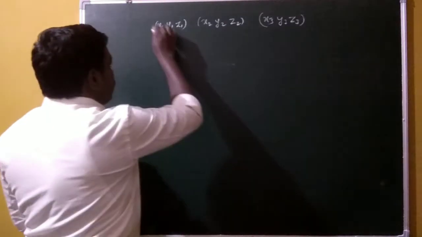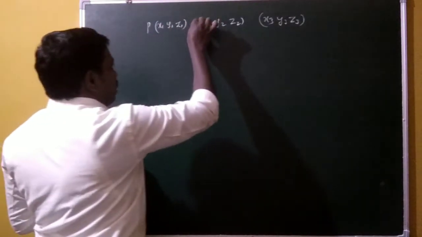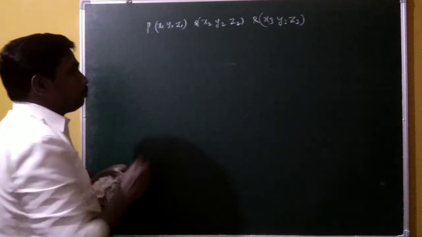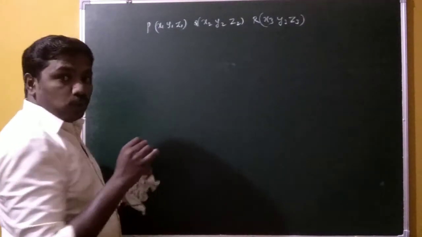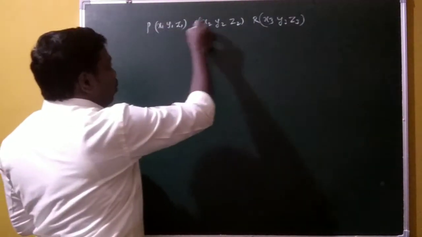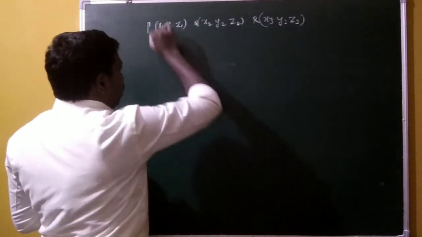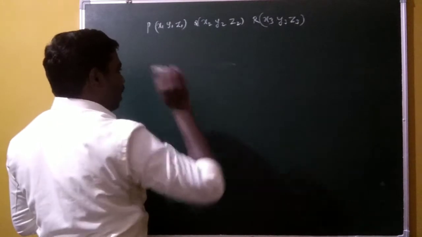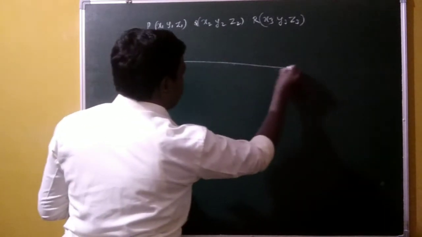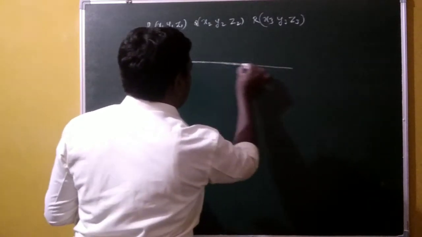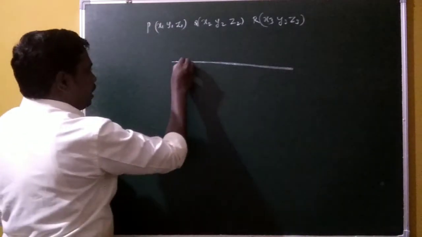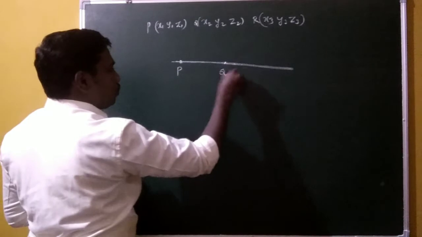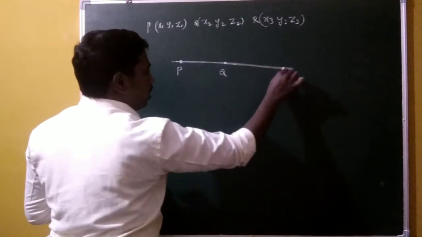So this point is taken as P, this point as Q, this point as R. The points P, Q, R are said to be collinear if they are present on the same line. Suppose in 3-dimensional space, this is a line, this point is taken as P, this point as Q, this point as R.